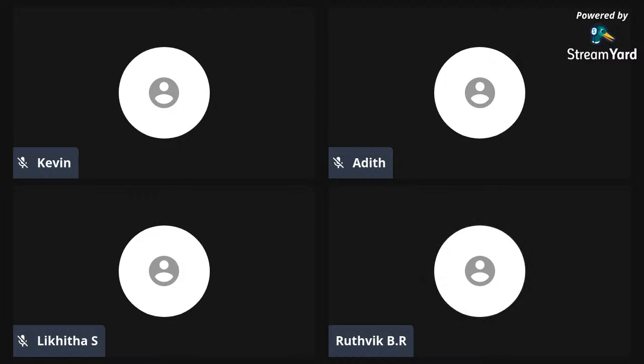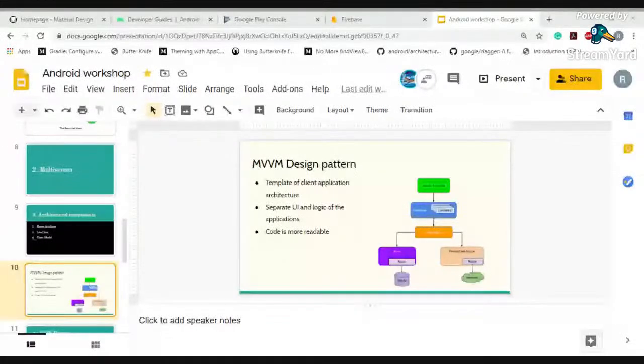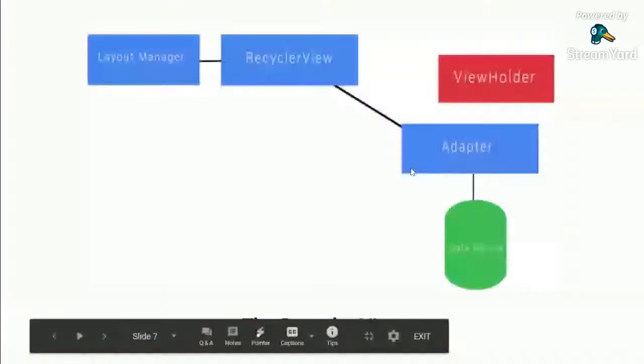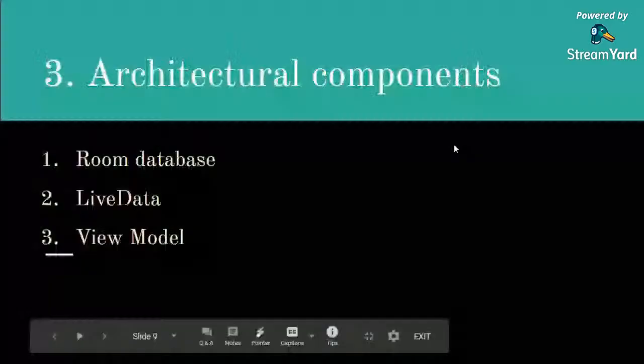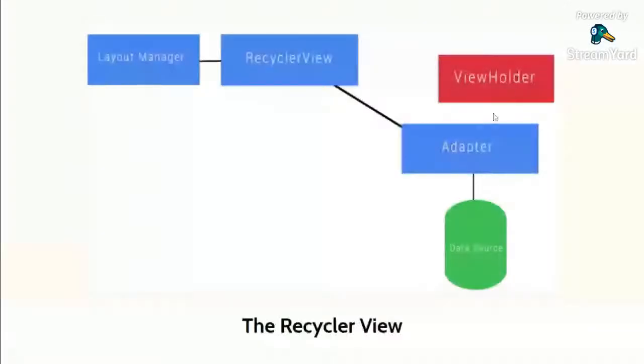So let's do that now. The components that we need to build first are an adapter and a view holder. We already have the data source and the recycler view also. We just need to display it, and then there is a layout manager. So let's start with the view holder, and then we'll go to the adapter part.